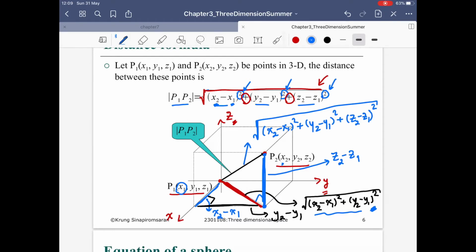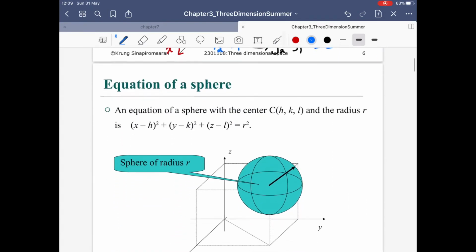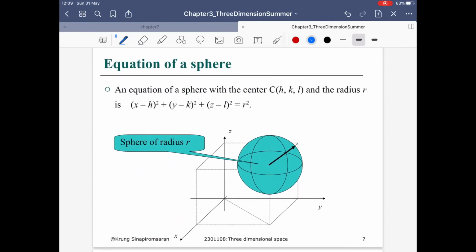After you get the distance between two points in three-dimensional space, the thing that you can define immediately is the equation of the sphere, because as you remember, the equation of the circle is all the points that have the same distance from a fixed center point, like this.